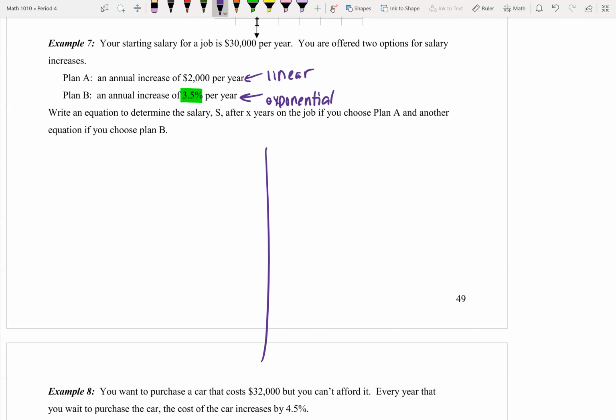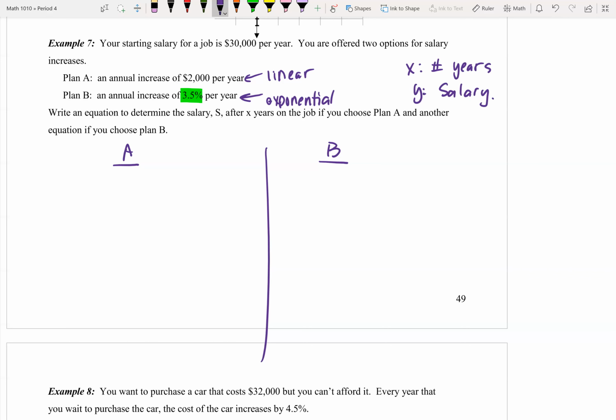Okay, draw a line. Plan A, plan B. X stands for the number of years. Y stands for the salary.